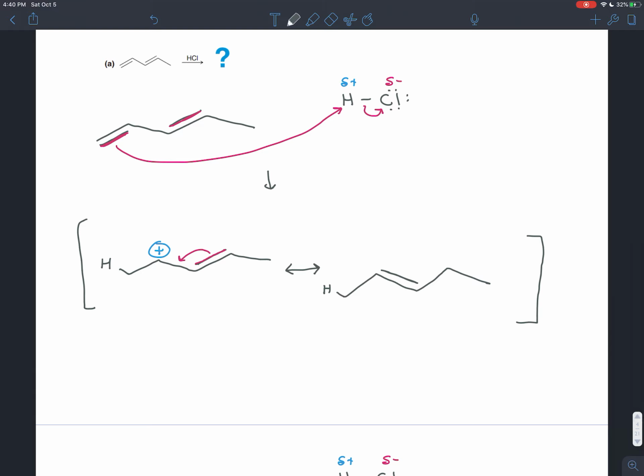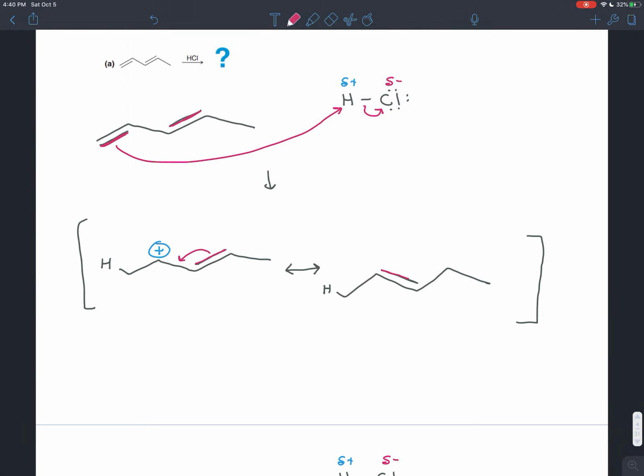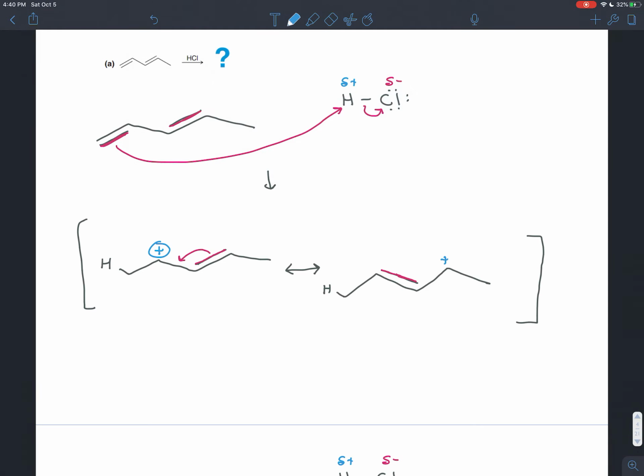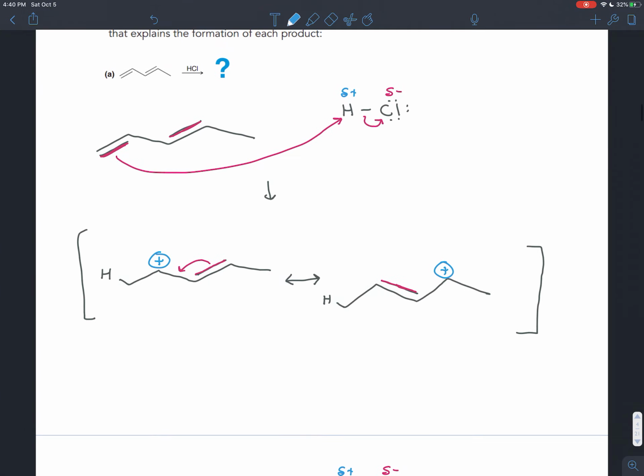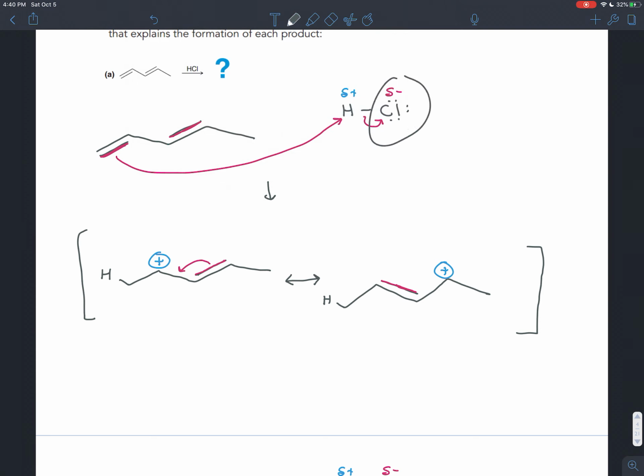And so this pi bond will be here now, and we will have the positive charge on the carbon that those pi electrons left. So that carbon had those pi electrons, the pi electrons just left, and so it is left with a positive charge. So we have these two possible products for the carbon chain.